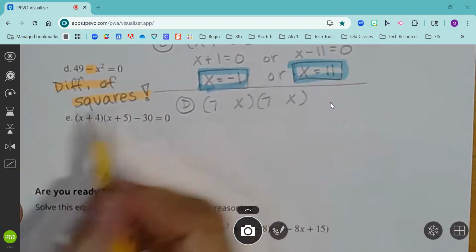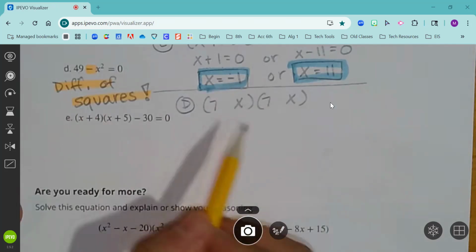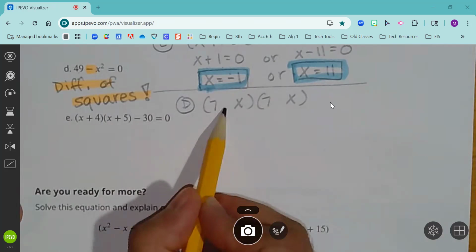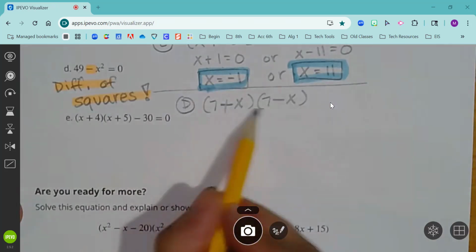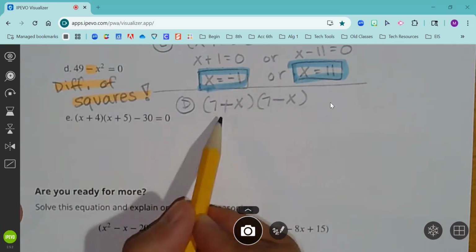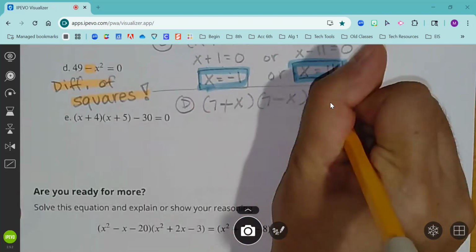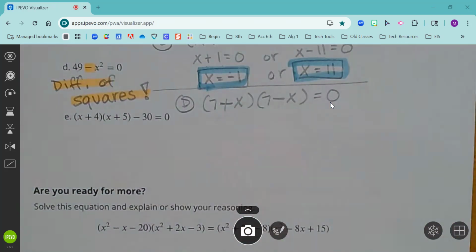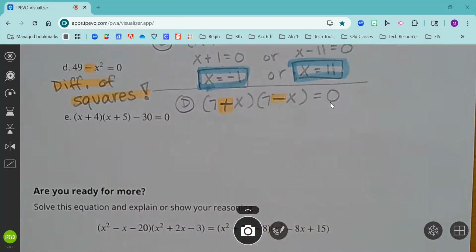And then remember with the difference of squares, one's a plus and one's a minus because they'll cancel that middle term out. So -7x and then 7x would become that 0 you want in difference of squares. Okay, so now we're going to just solve it.